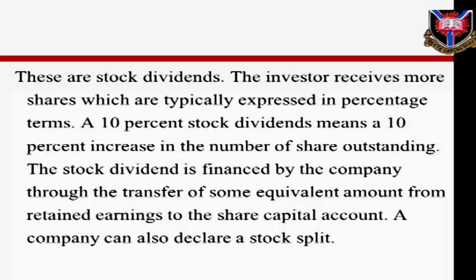The stock dividend is financed by the company through the transfer of some equivalent amount from retained earnings into the share capital account. A company can also declare a stock split. When this happens, the company ends up with more shares outstanding, which sell at a lower price and have a lower par value than the outstanding shares did before the split.